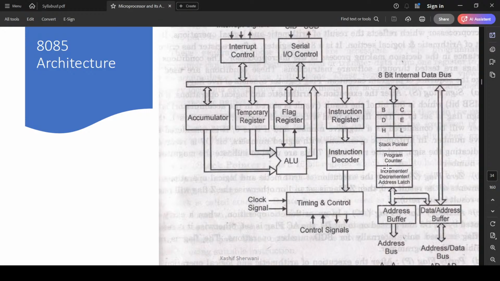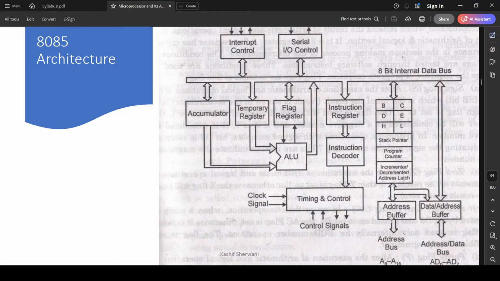The subparts are incrementer, decrementer, address latch, and address buffer. A8 to A15 and A0 to A7 address bus, data buffer and address buffer. This will go here and this will go here, and this is bidirectional, address buffer.